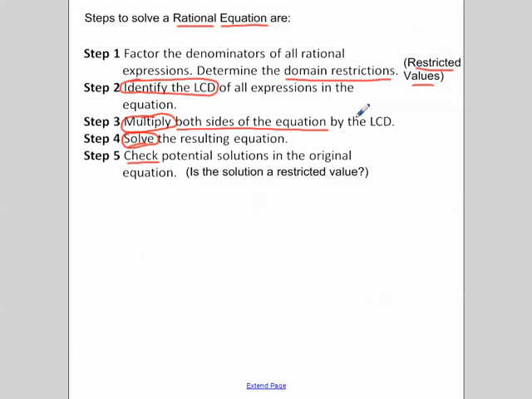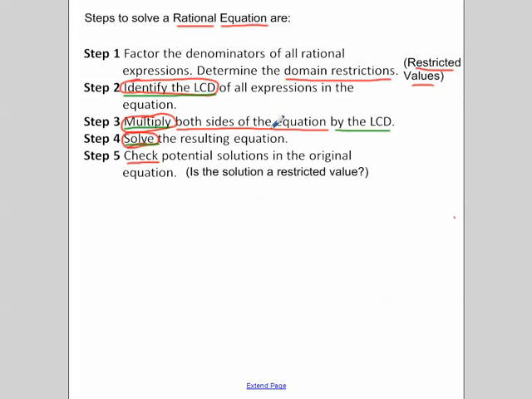And like I said, probably the most important, summarized version is, again, these are all kind of summarized, but step number 2 is identify the lowest common denominator, multiply both sides of the equation by the LCD, or multiply all terms in the equation by the lowest common denominator, and then solve.